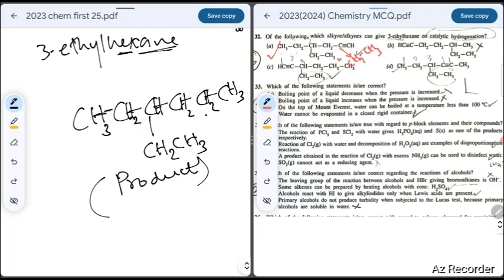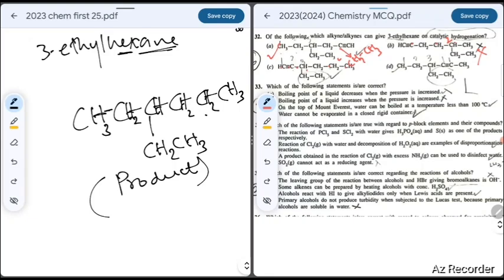B, HC triple bond C. First we'll see whether there are 6 carbons: 1, 2, 3, 4, 5, 6. Six carbons are there. Then the ethyl group is bonded to the second carbon, not the third carbon. So this is wrong. Now C: again there are 6 carbons and the ethyl group is bonded to the third carbon.